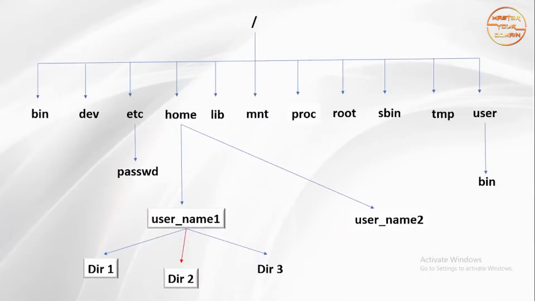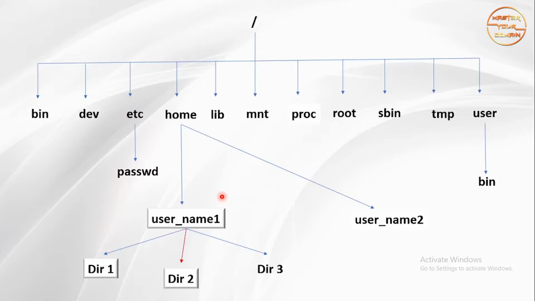In the last class I talked about the Unix file hierarchy. I showed you this file hierarchy and told you that there is a home directory which is directly under the root directory. Now whenever a user logs into the system for the first time, a new directory is created under this home directory, with the same name as the username of the user.